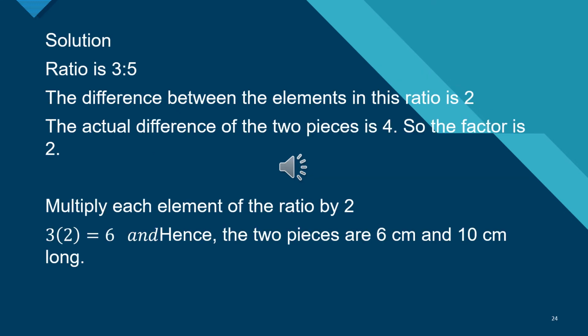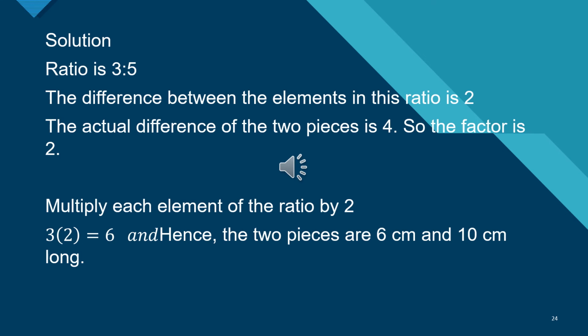Again, there are several ways of solving this problem, but what I'm going to zoom in on right now is a logical way, and this is a quicker way of doing this type of problem. Now we're given a ratio of the two pieces of ribbon, and that is 3:5. And another given is that one piece is longer by 4 cm.